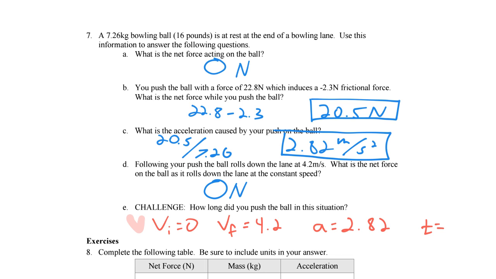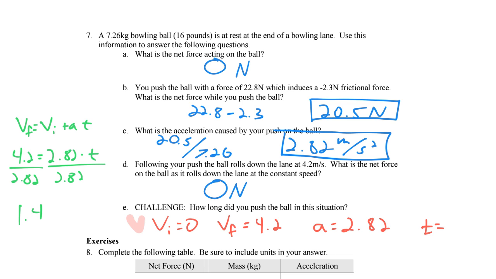That is the one that just is V final equals V initial plus AT. So V final 4.2 equals 0 plus AT, so 2.82 times T, divide both sides by 2.82. We were in contact exerting that force for 1.49 seconds.